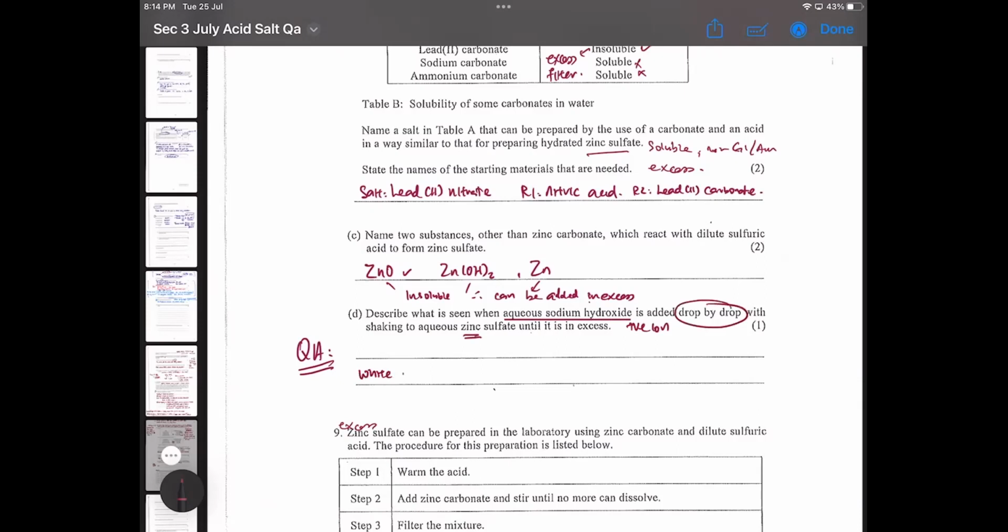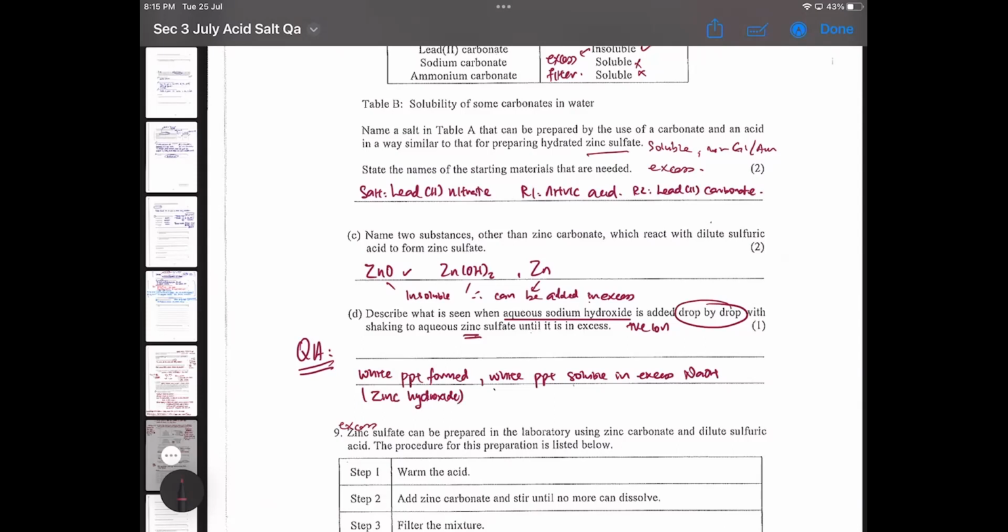Okay, and this white PPT from the QA list will be soluble in excess sodium hydroxide. And remember, these white PPT are all hydroxides. So this white PPT here is zinc hydroxide. Okay, this is for the QA party.